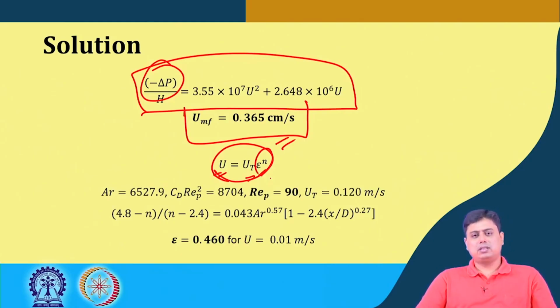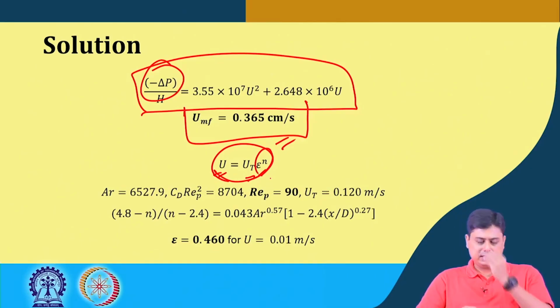So for such a case, we applied the CD Rep² relation, or CD Rep² equals constant, on the standard drag curves, which created a slope of −2, and the intersection that we took as the Reynolds number.